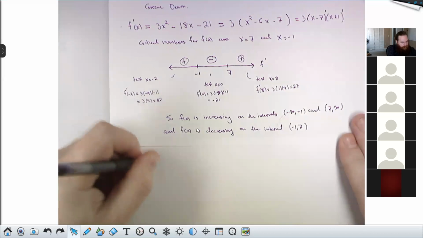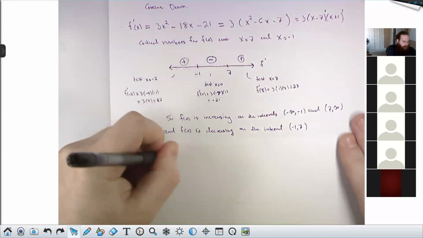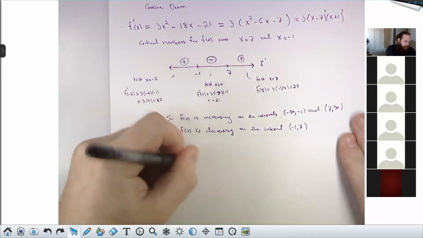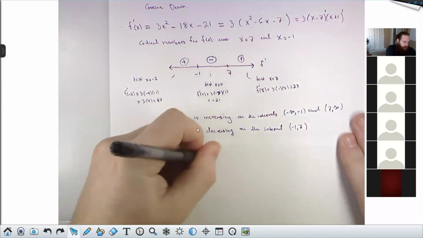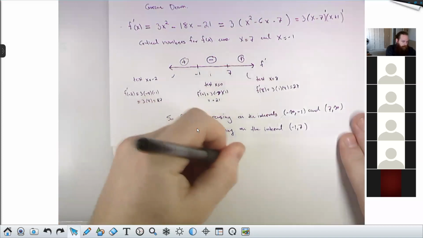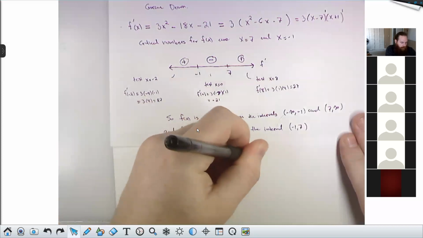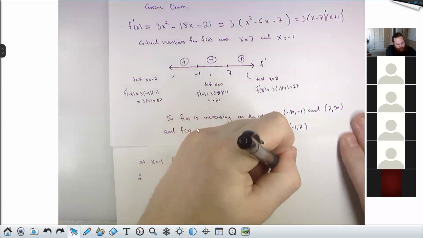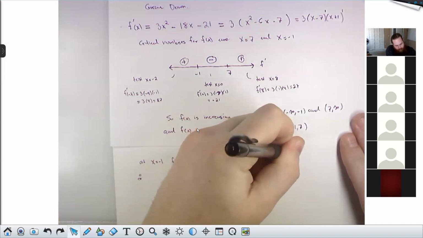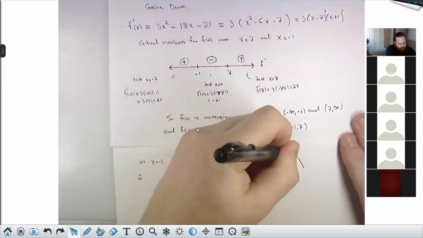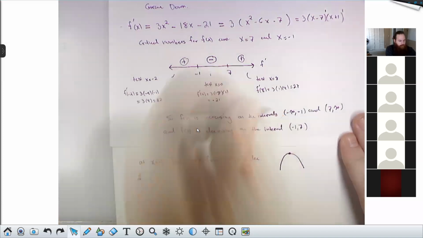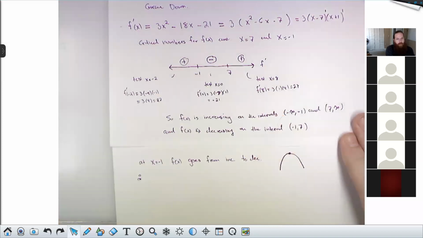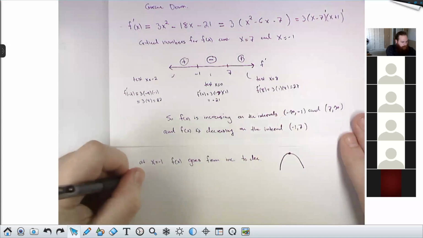So at x equals -1, f of x goes from increasing to decreasing. What does that look like? That looks like this: increasing, increasing, increasing, decreasing, decreasing, decreasing. So this right here had to have been a local max.